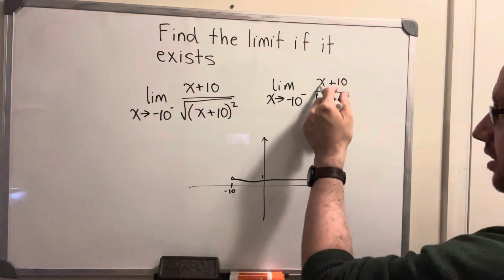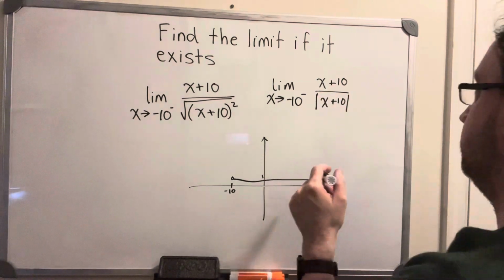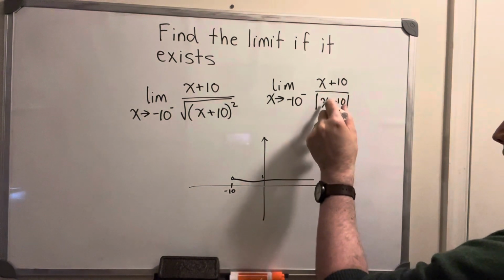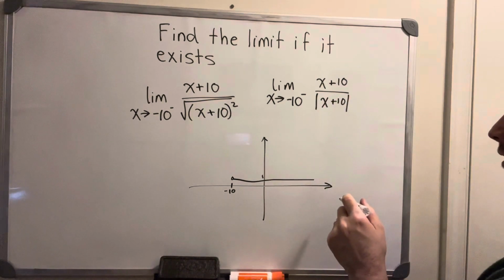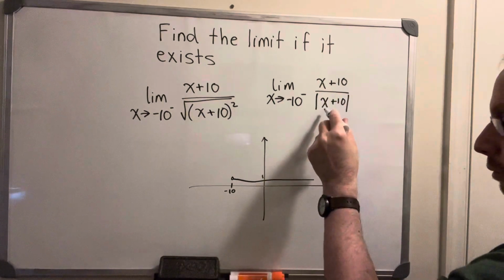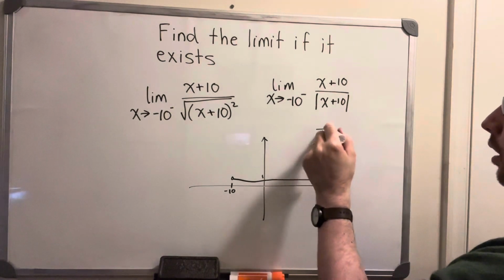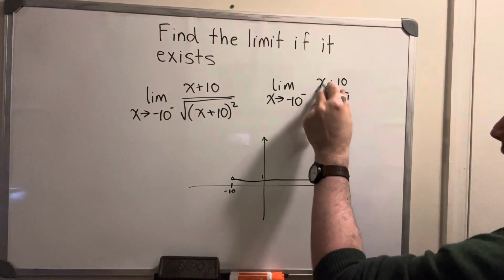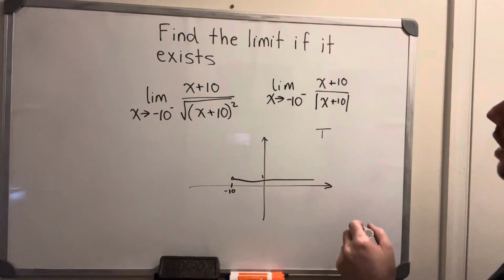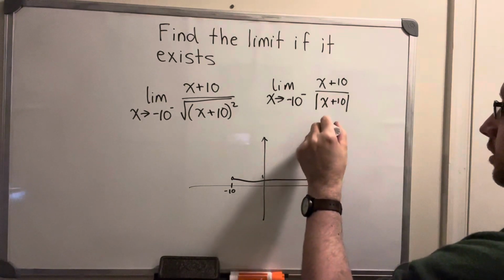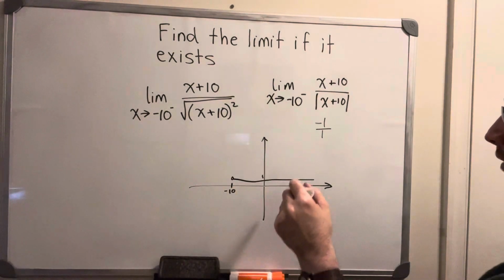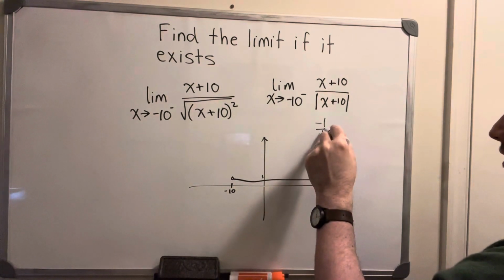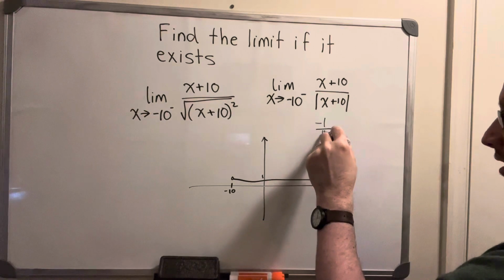How about x equals negative 11? Well, negative 11 plus 10 would be negative 1. The absolute value of negative 1 would be 1. What's the value of negative 11 plus 10? It's negative 1, right? The same thing for any value here, it'll be negative something over the same magnitude, but positive.